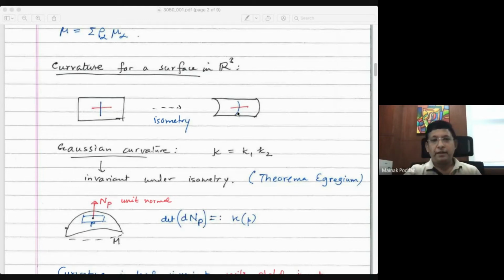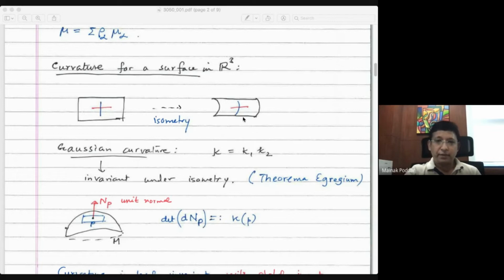Now you see in the red direction there is no bending, but there is some bending in the blue direction. So the blue one has non-zero curvature, whereas the red one does not have any curvature. And so you see the principal curvatures for this.